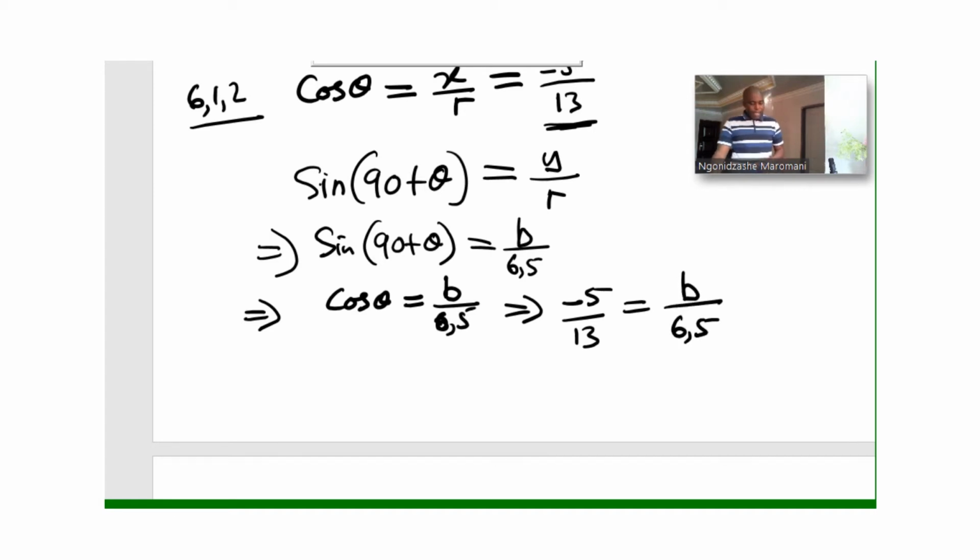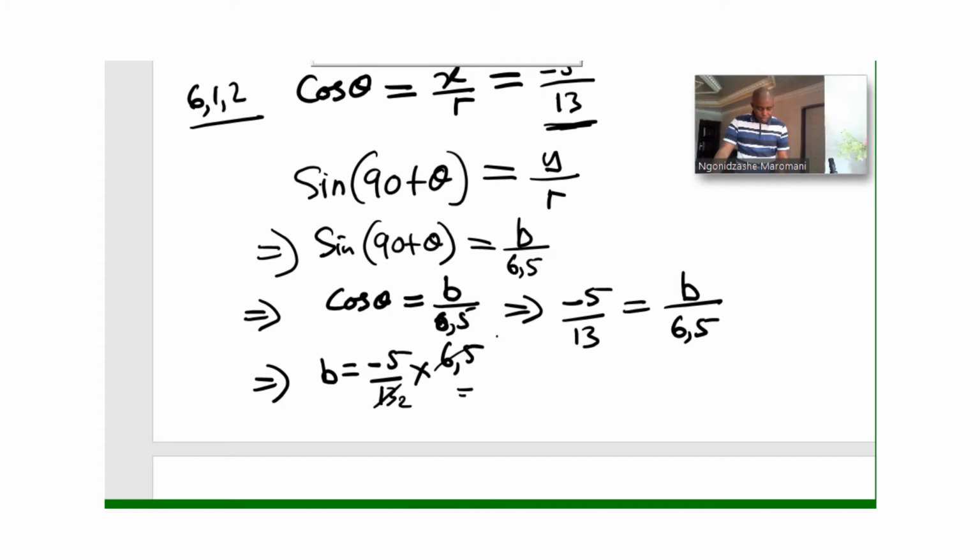Then here I must make B the subject, which means I multiply this side by 6.5. Therefore B is equals to minus 5 over 13 times 6.5. We can see that 6.5 into 13 gets 2.